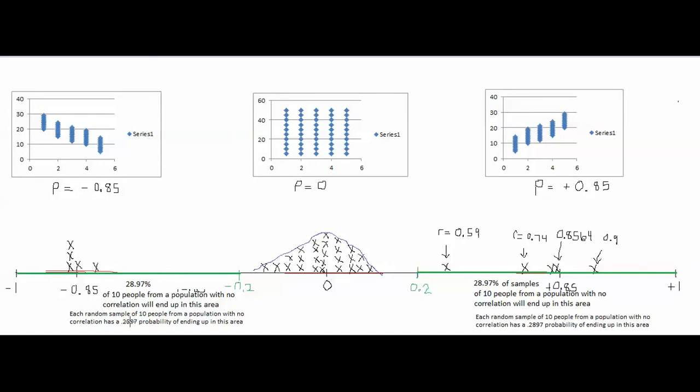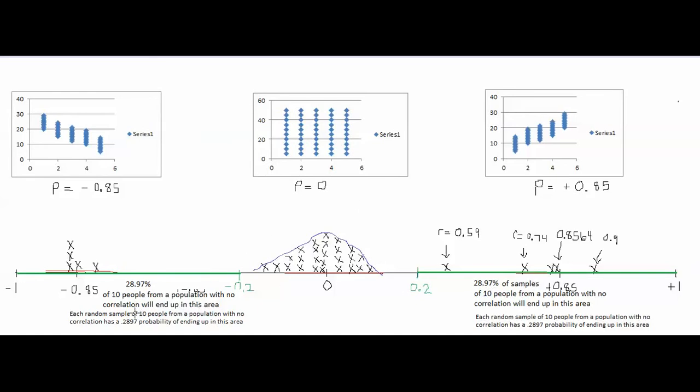If we add these two probabilities together, we would end up with the probability of a sample of 10 people from this population ending up here or here.